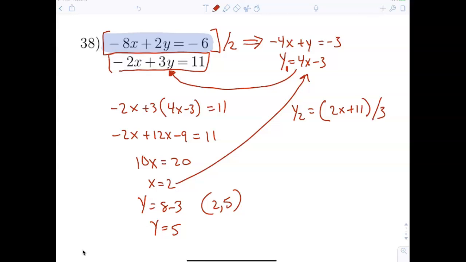Yes. I plugged 2 in for x. 4 times 2 minus 3. Okay, you got to be careful. You with me? Yeah. Was that correct? Everybody check it. Very good.